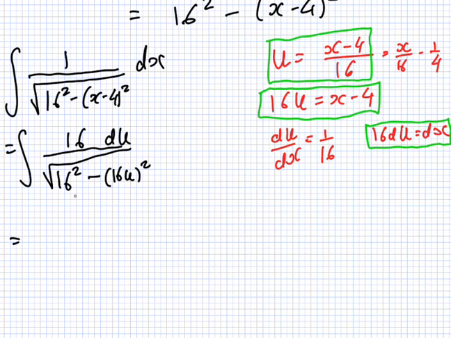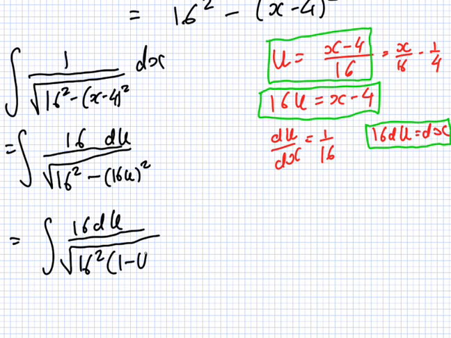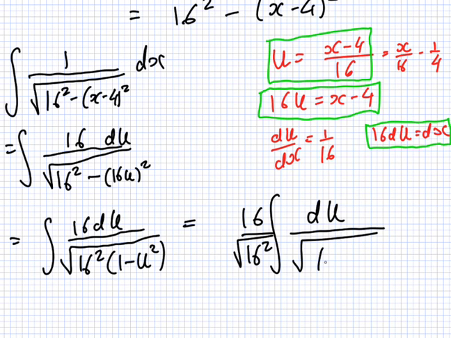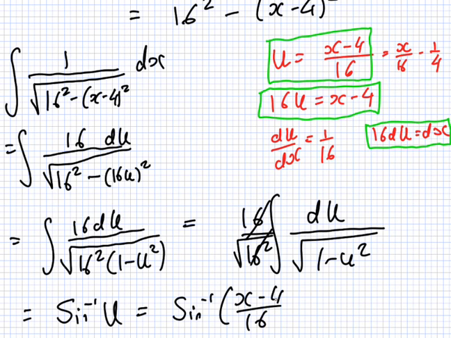Now what's nice again is we have a 16 in common at the bottom. So that's a 16 squared, 1 minus u squared. So that's 16 du over root 16 squared over root 1 minus u squared. Once again they cancel. So what you're left with again is sine inverse u, which is sine inverse x minus 4 over 16 plus c.